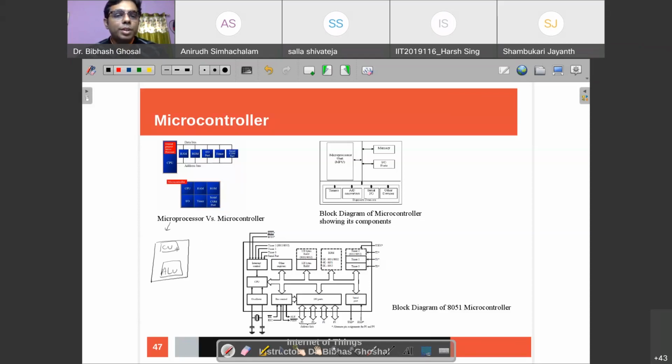And what it does is it executes instructions. This is its primary job. Now the instructions that it executes have to be provided to it. And the way to do it is that we use some kind of storage called memory. We keep the instructions one by one written in the locations of the memory. And this microprocessor fetches them, executes them and gives you the output. This is how it works.